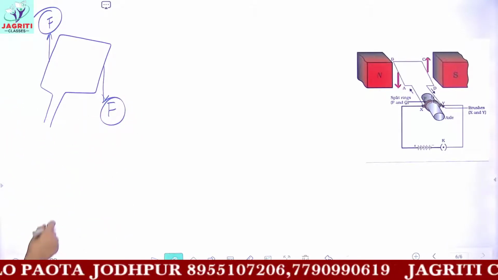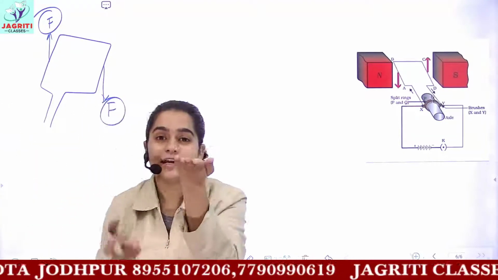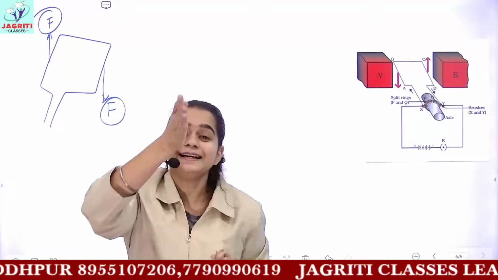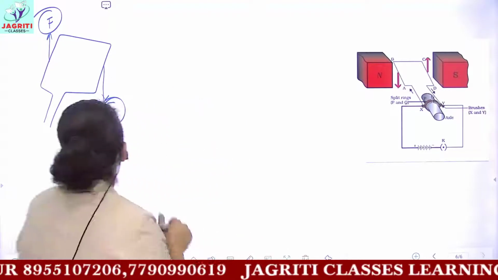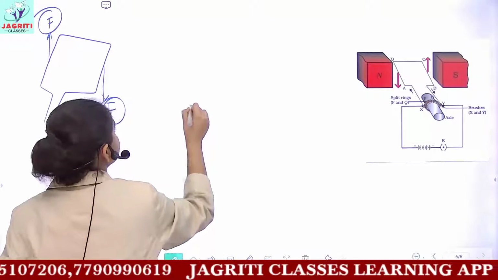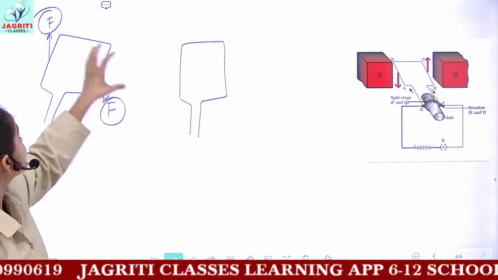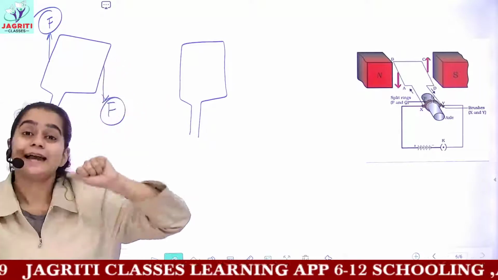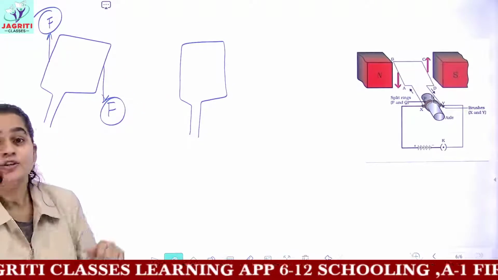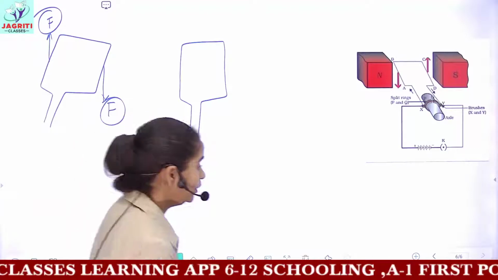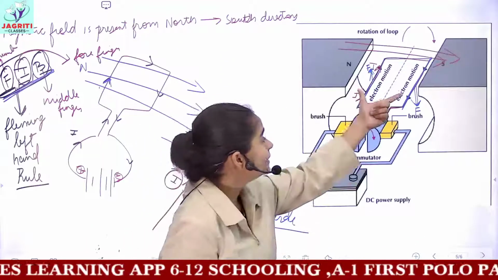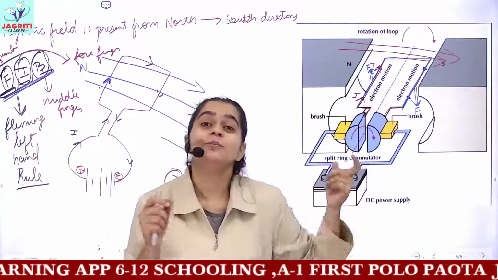Now what is happening is, when the coil was straight, now when it would come in a vertical position or a right standing position, then because the two forces are still acting in the previous direction, these forces would now return this coil back to its original position.